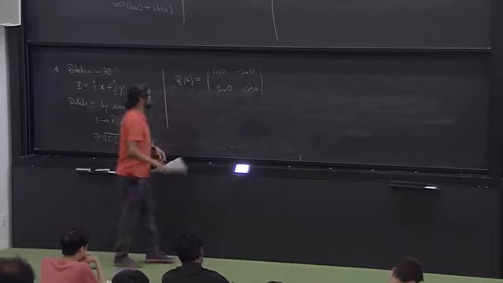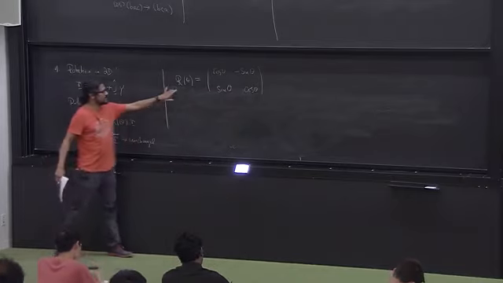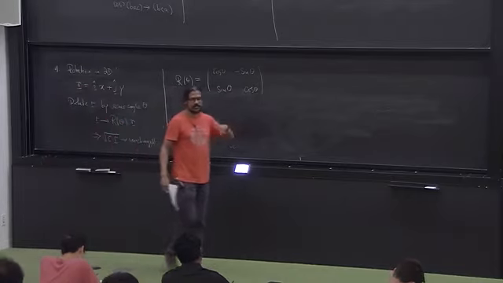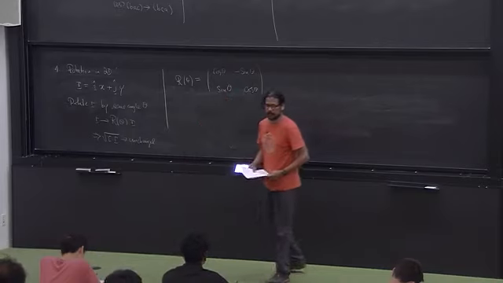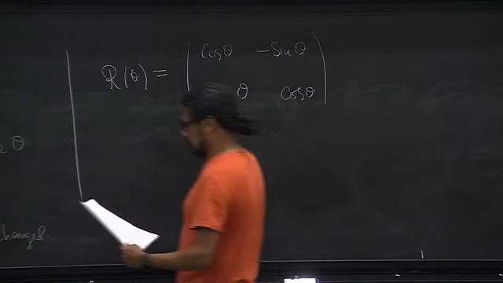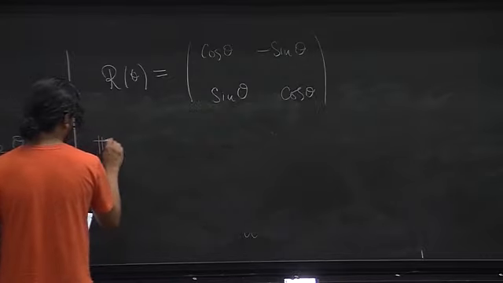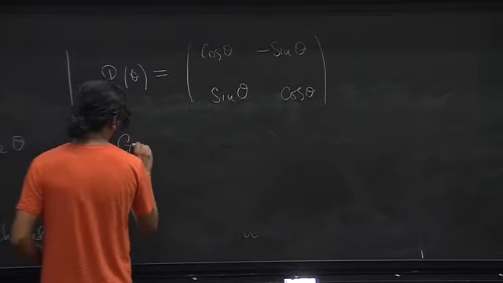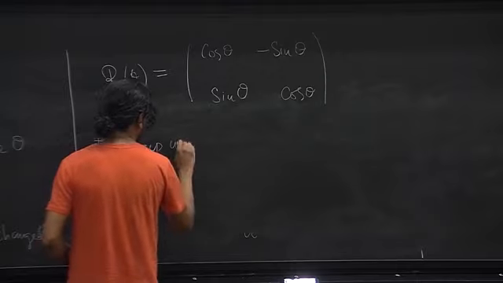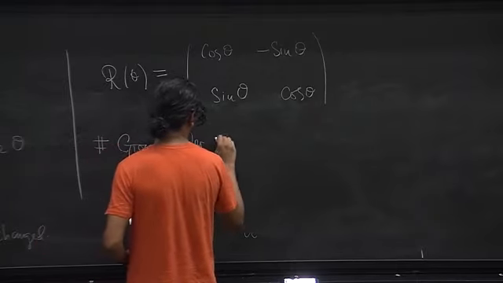The requirement that this is continuously connected to the identity element excludes reflection. So these matrices form a group under matrix multiplication, as you probably know.